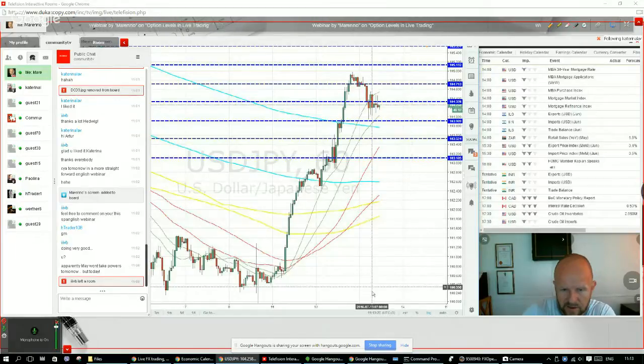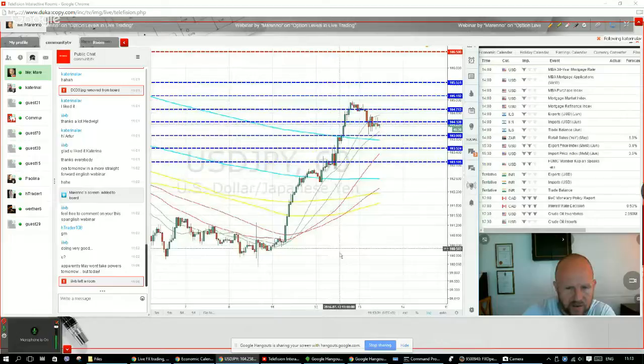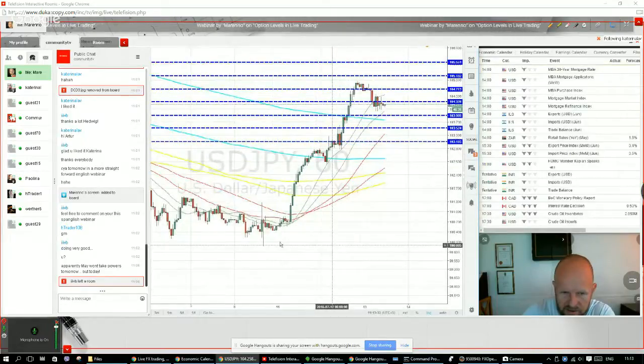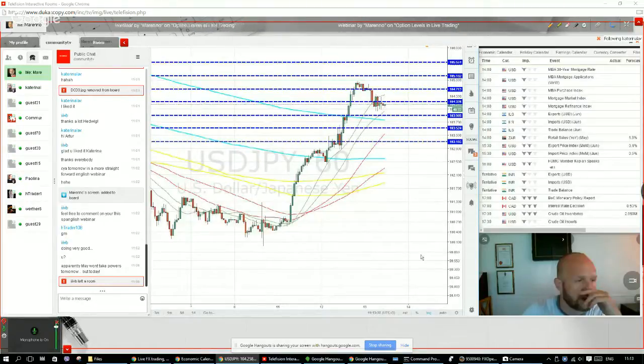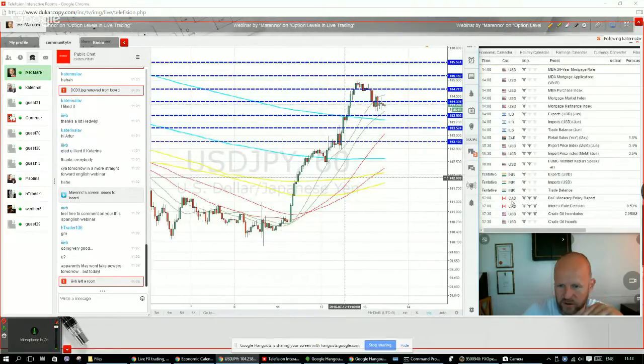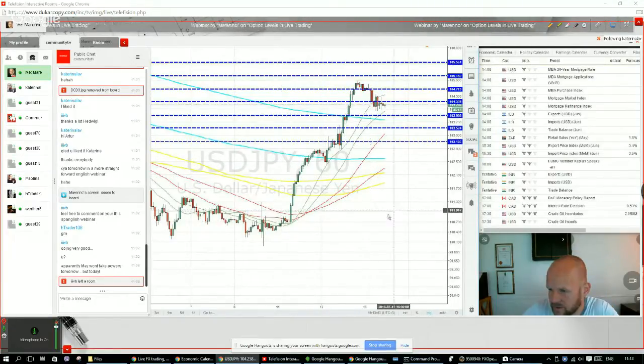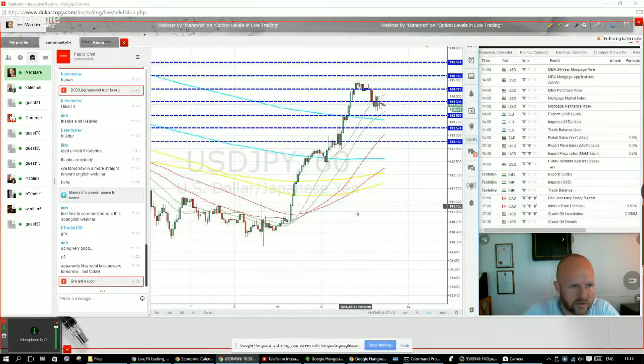Hopefully, if the down move continuation takes place, we'll break through this level here, 100.1. Well, at least it is possible, but we must be careful because it might be a reversal also. So just have it in your mind. Don't forget about it.